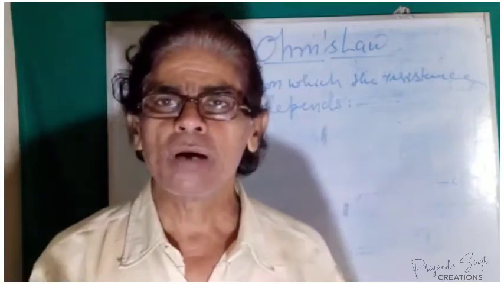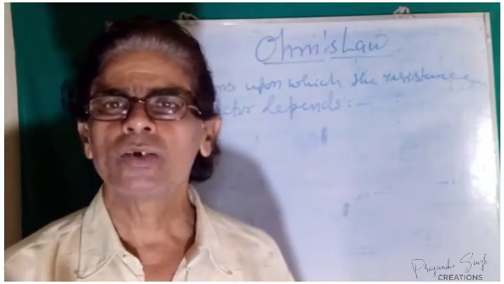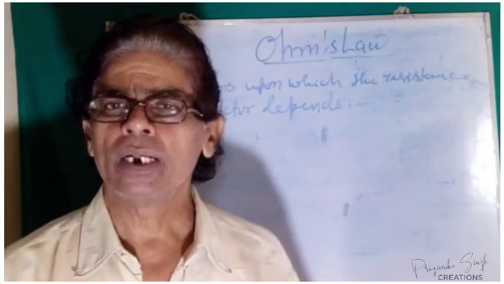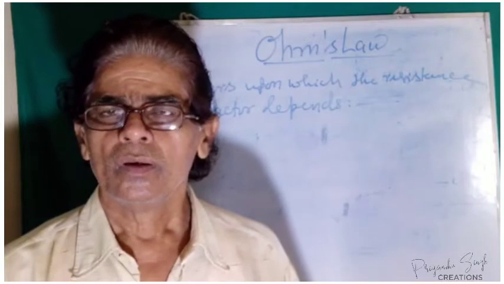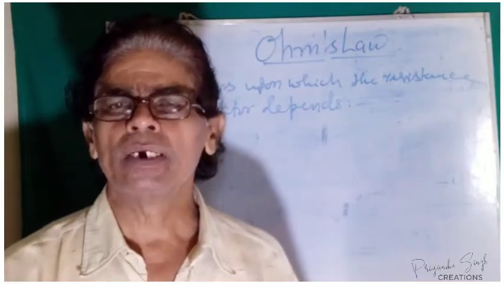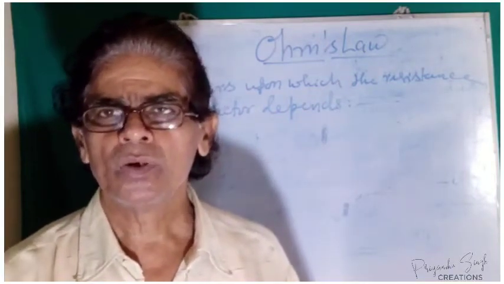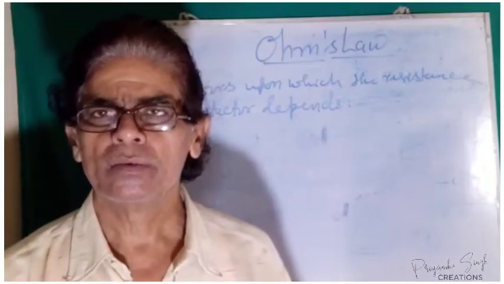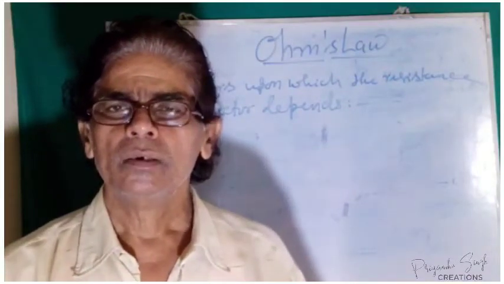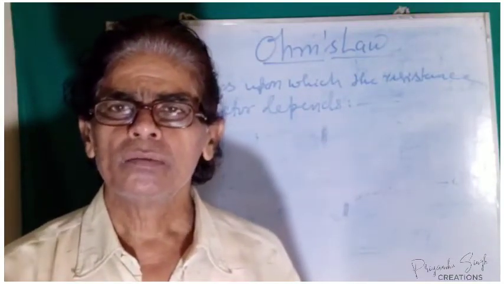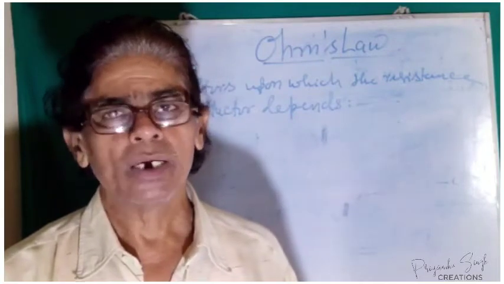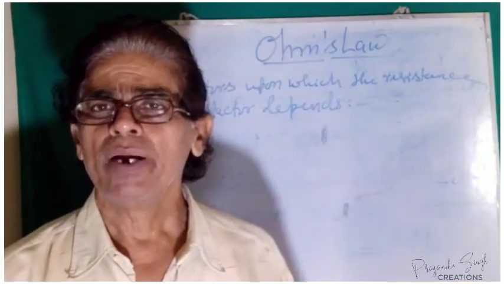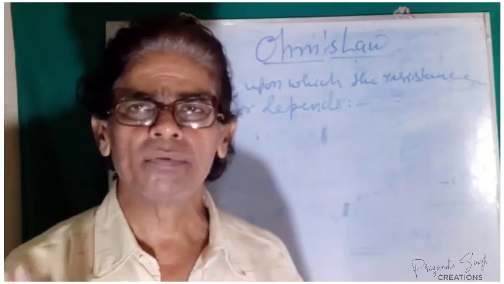There are 4 factors upon which the resistance depends. 1. The length of the conductor. 2. Thickness of the conductor, meaning area of cross section of the conducting wire across which current is passing, and the temperature of the conductor as well as the material of the conductor itself.